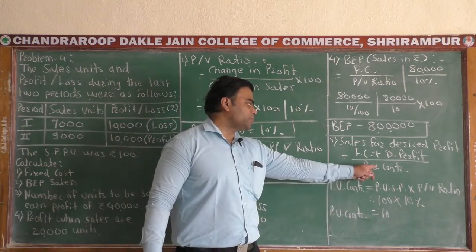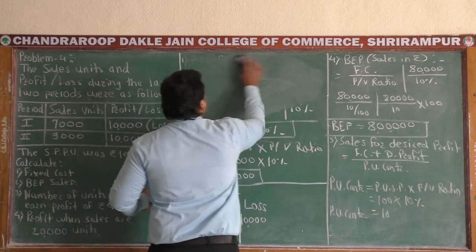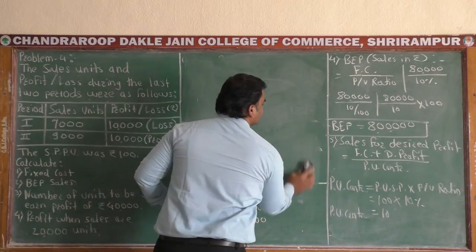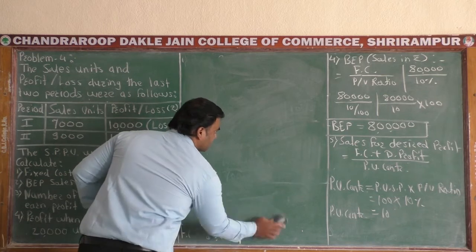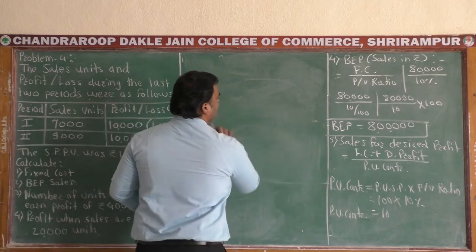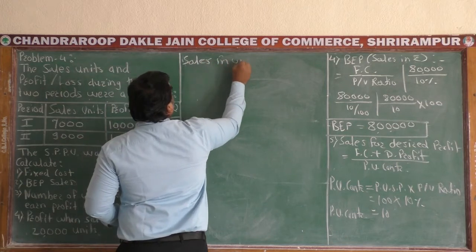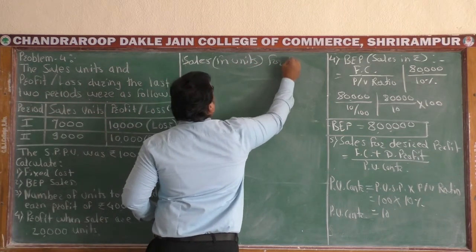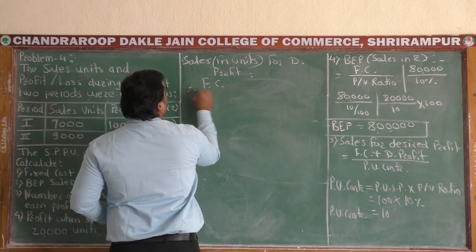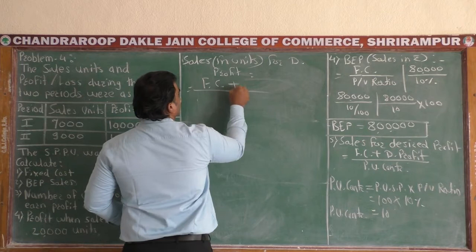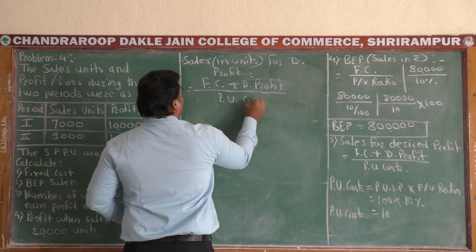Now we can utilize it in this formula. Sales in units for desired profit is equal to fixed cost plus desired profit upon per unit contribution.